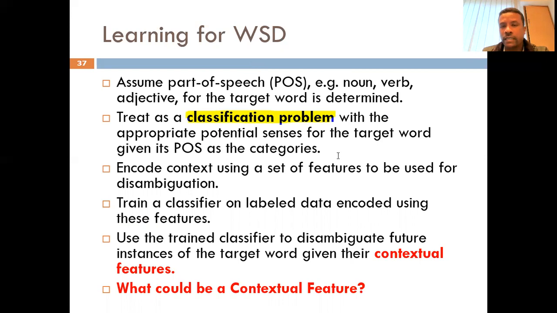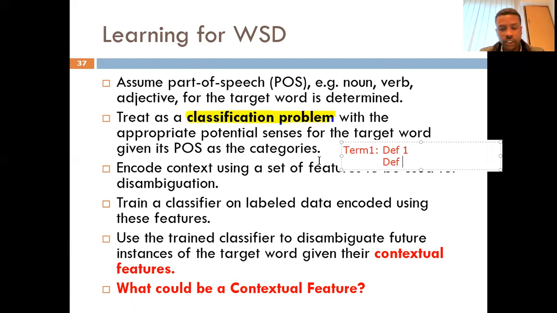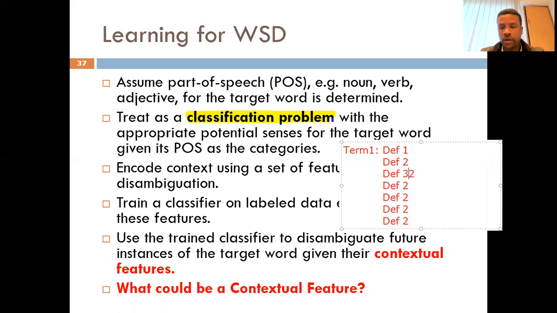For instance, if I give you one word, let's call it term 1. Term 1 can have definition 1, okay? Again, it can have definition 2, or it can have definition 3, or 4, or 5, or 6, or 7.